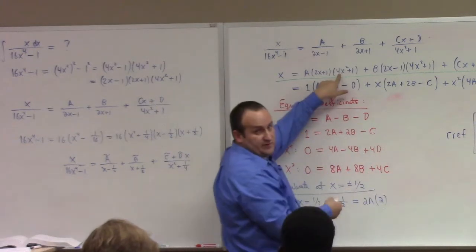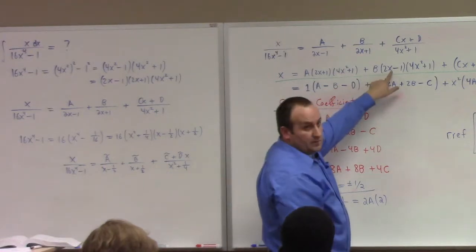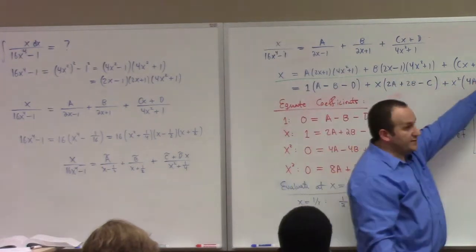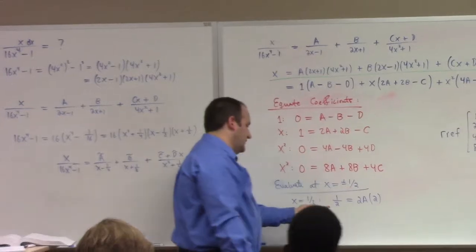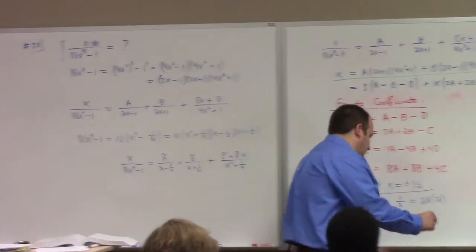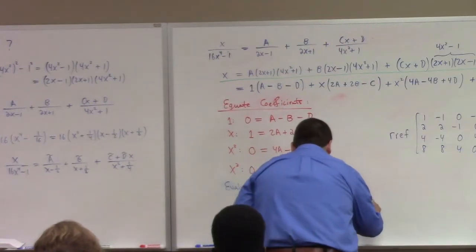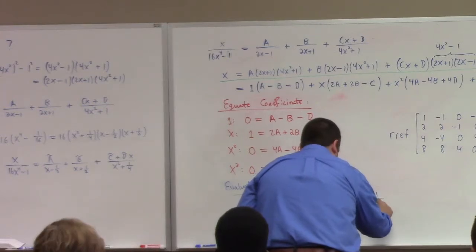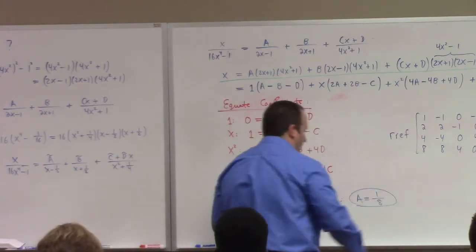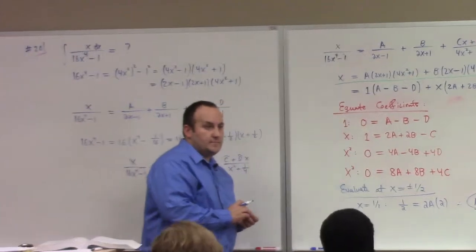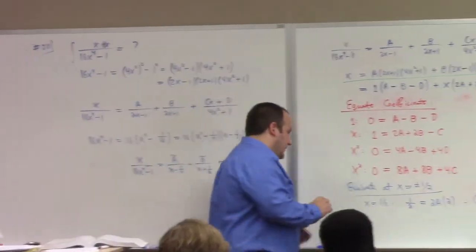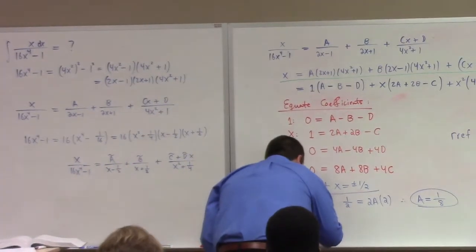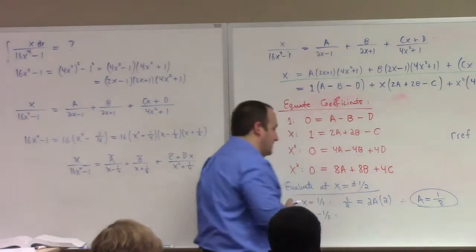Because 1 plus 1 is 2, yeah? But that's 0, and this is also 0. So this is a really nice equation because this says a is what? Right? A is 1/8. If we plug in x equals minus 1/2, what does it give us?